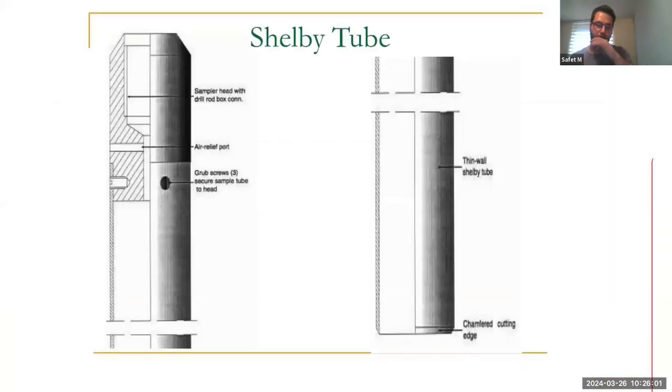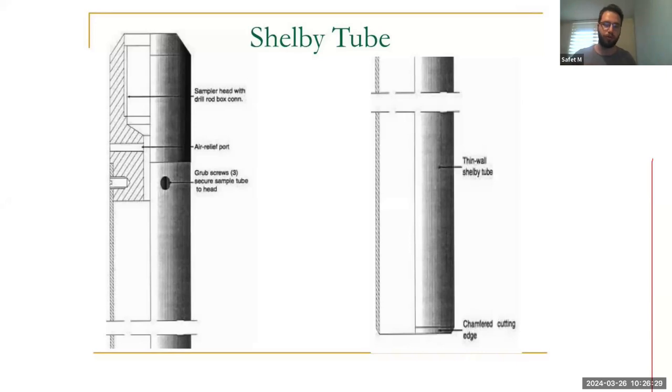So this is one basic thing that you would generally use in sampling of the soil. It's called a Shelby tube. It's basically a tube that you would put on your rod on your drilling rig. You would just push it into the soil until it's full, and after that, in the tube there's usually a PVC pipe that would capture the sample.